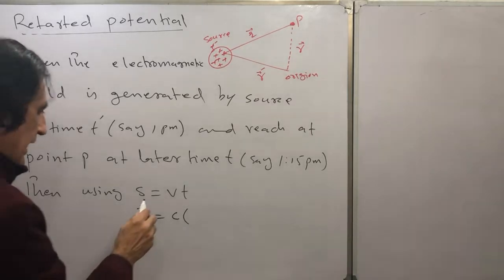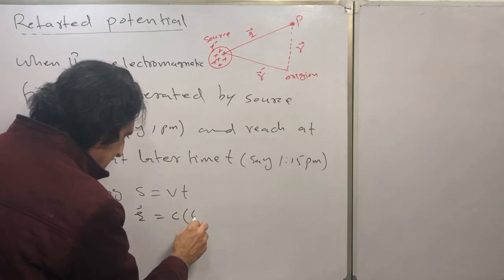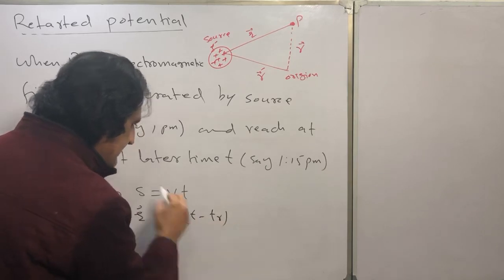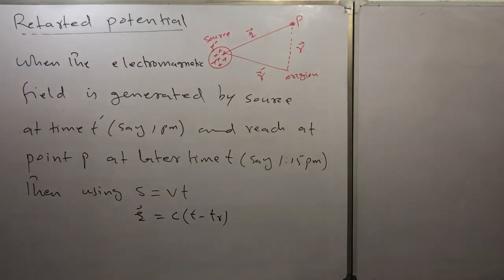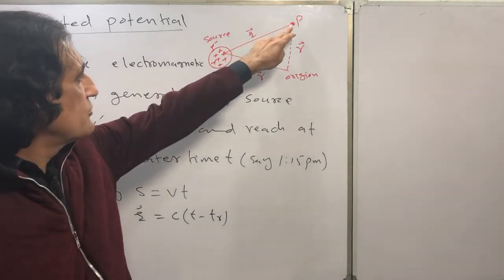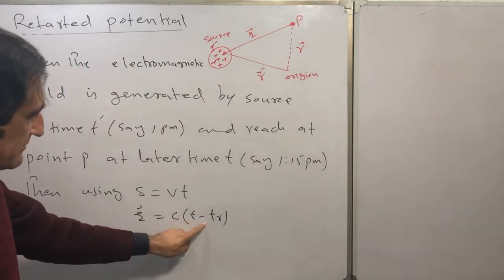So I can write this as t minus tr. This is the time the electromagnetic waves take to travel from the source to this point, and this is t minus tr.